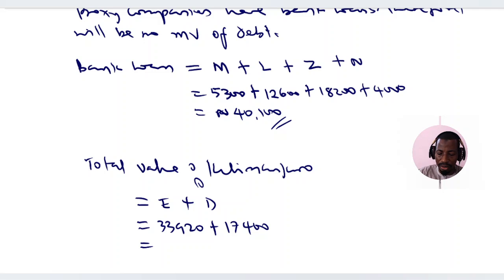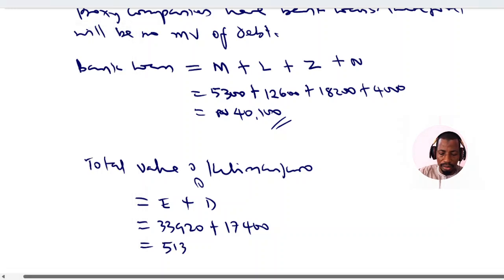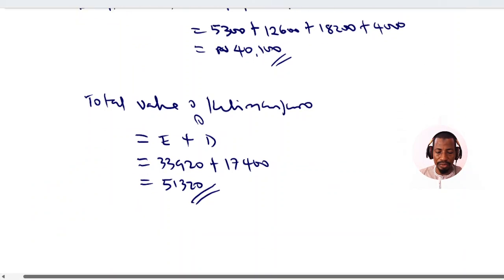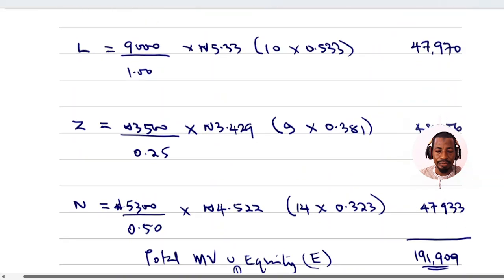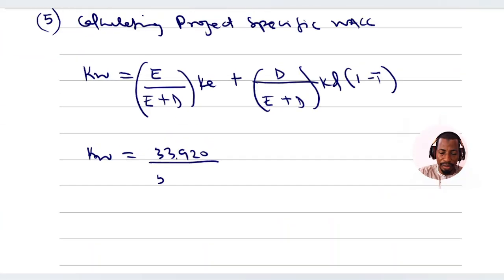So that should give us 33,920 plus 17,400. That's 51,320. So that's the total value of Kilimanjaro, 51,320.